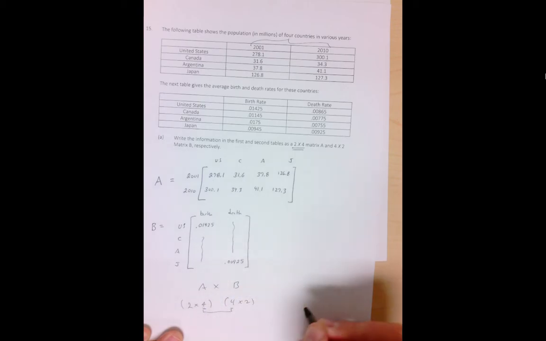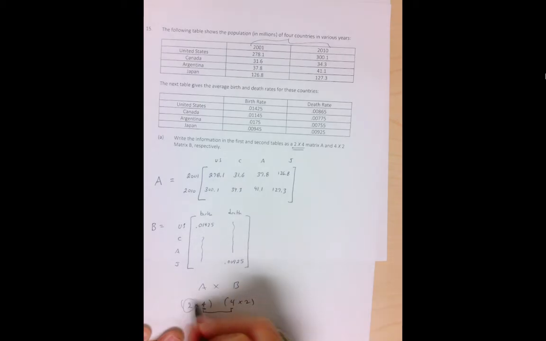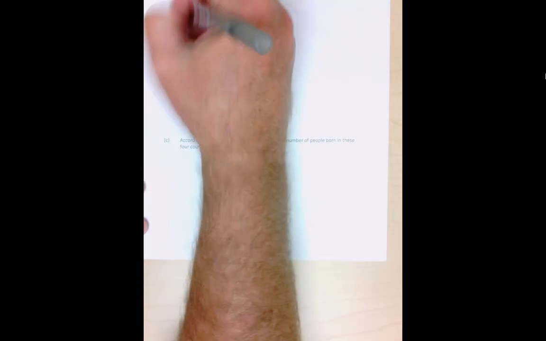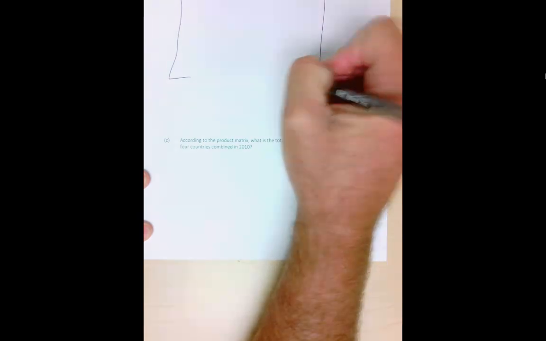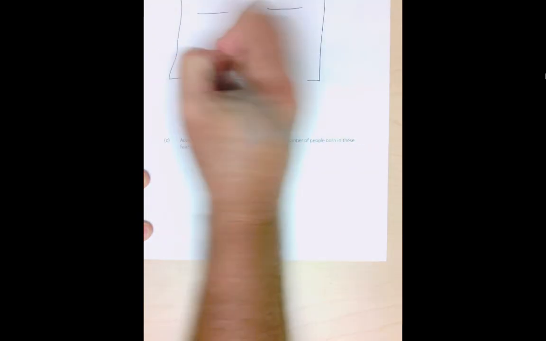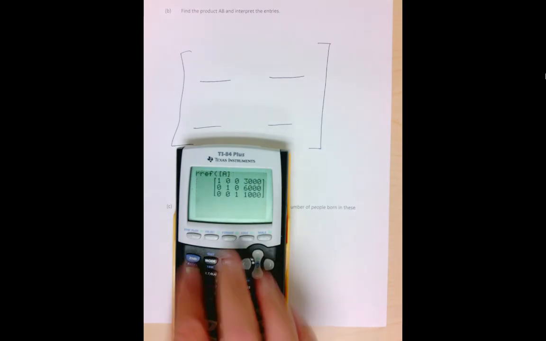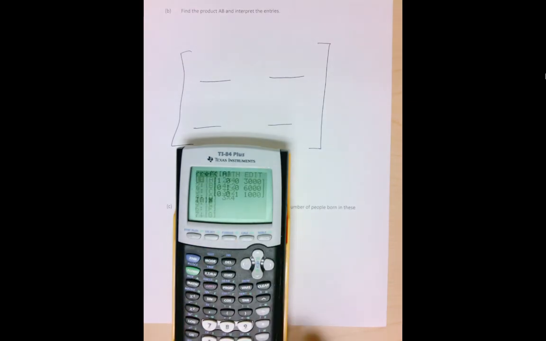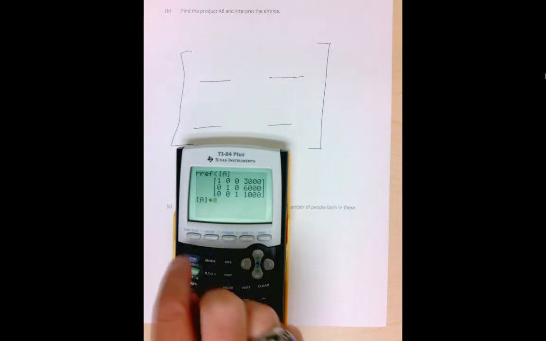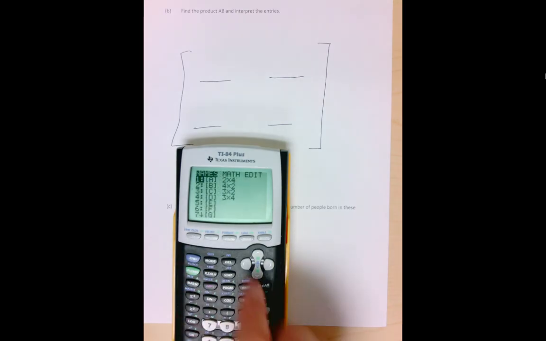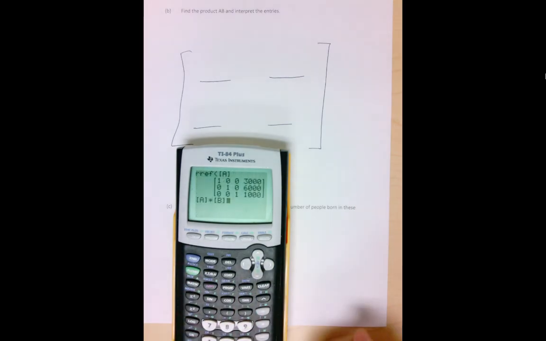So those two numbers are the same, so we can multiply, and we're going to end up with a 2 by 2 matrix. So let's go into matrix A times matrix B, and we get 2 by 2.